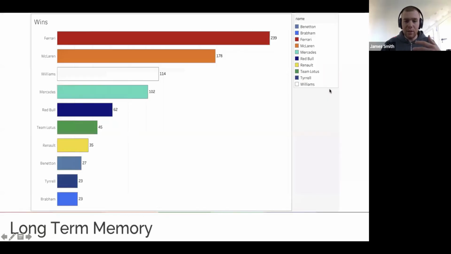And again, another example of this using Formula One. It's something that I tend to use a lot in all of my F1 visualizations. For F1 fans, this means a lot more than it does to people that aren't F1 fans, but even for those that don't follow the sport, the color red is associated with Ferrari.